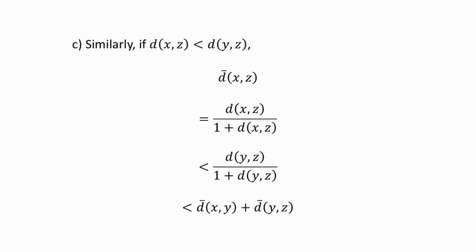Similarly, C, if d of x and z is smaller than d of y and z, then basically it's the same argument as B. We'll get the triangle inequality for d bar also. Thus, d bar is also a metric because we already showed that d bar also satisfies all of the conditions for being a metric on X.